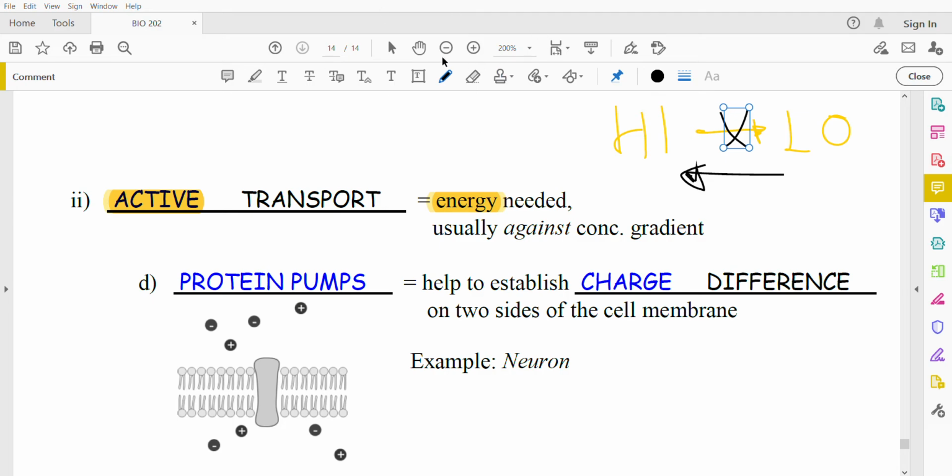So because it's not going where they would normally go, we have to invest some energy. We are going against the concentration gradient. And let's have a look at the first example of this.